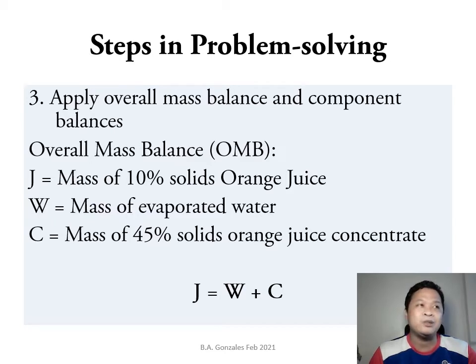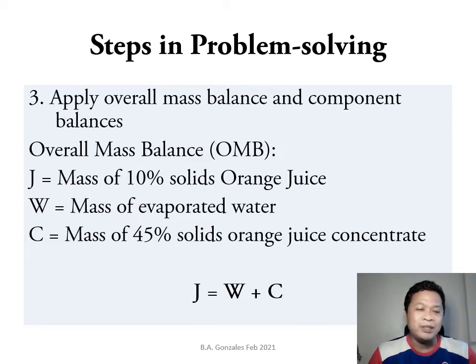Kumbaga, ito yung mga lahat ng initial inputs and lahat ng final outputs mo. Any intermediate input or output will be removed from the OMB. Okay, kasi output siya ng isang step tapos input dun sa next. So in this case, we have actually one process lang. So the overall mass balance is yun na rin pinaka-equation ng evaporator.